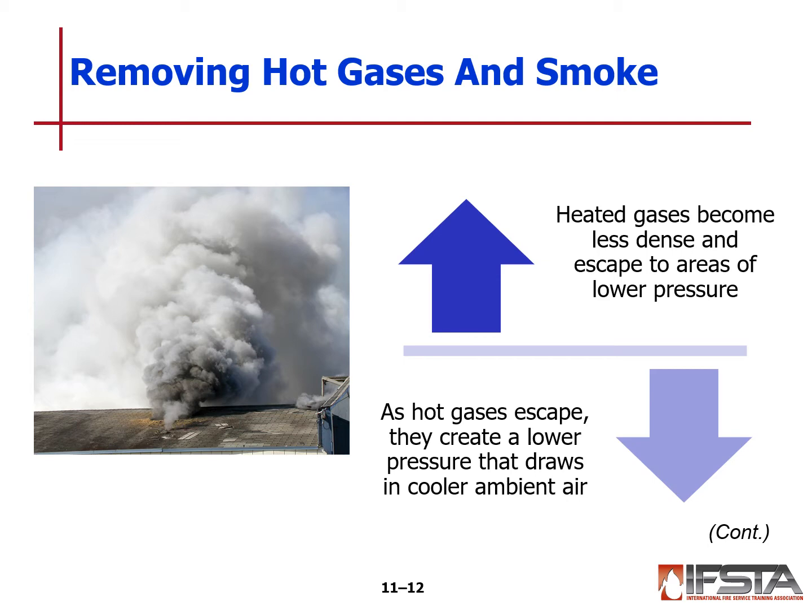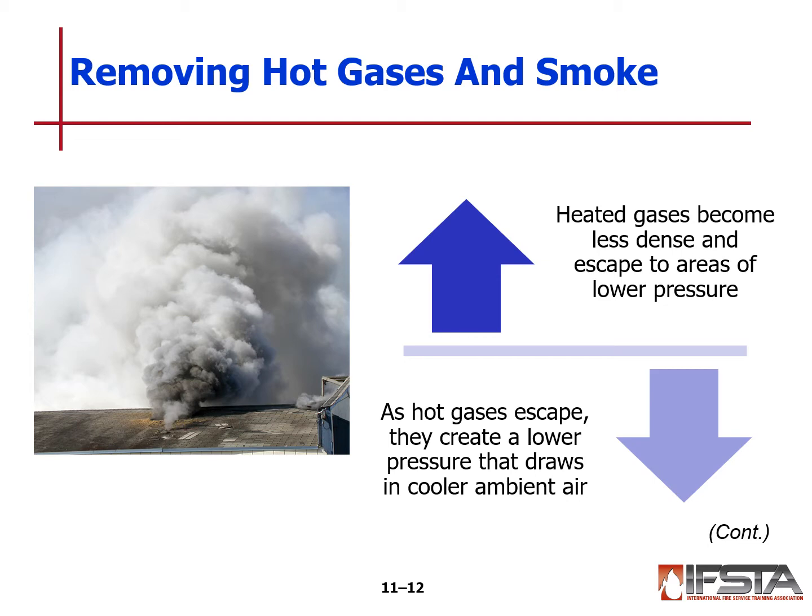So it's important to us. We want to remove hot gases and we want to remove smoke at the same time that we're approaching the seat of the fire and we're ready to put water on it. The heated gases become less dense and they escape to the areas of the lower pressure. As hot gases escape, they create a lower pressure that then will draw in cooler ambient air.